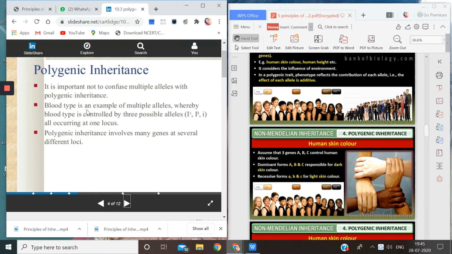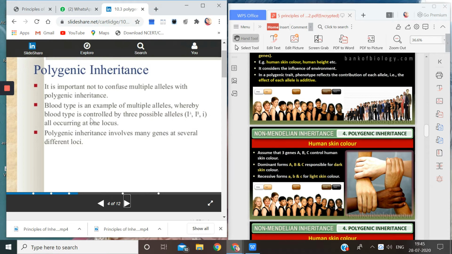Blood type, which we did in the previous video, is an example of multiple alleles, because blood type was controlled by three possible alleles, IA, IB, or small i, and all these three alleles were located on one loci or locus.